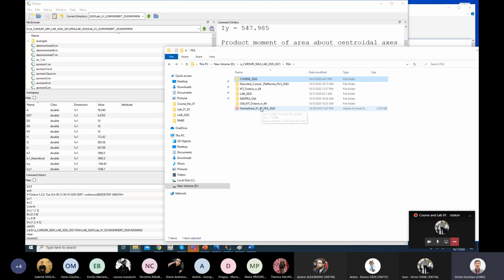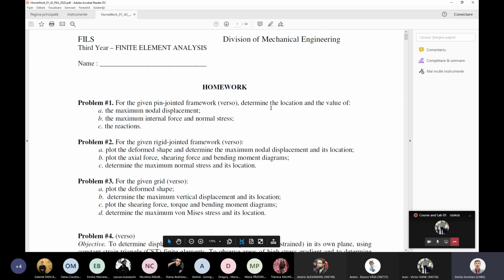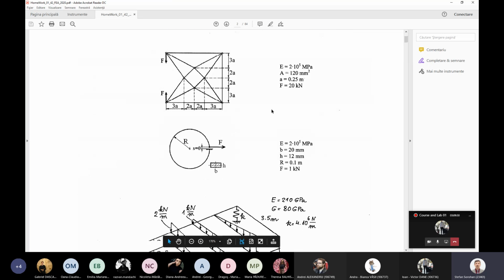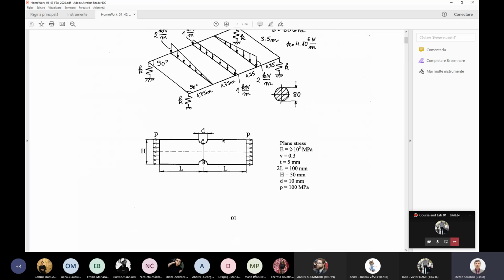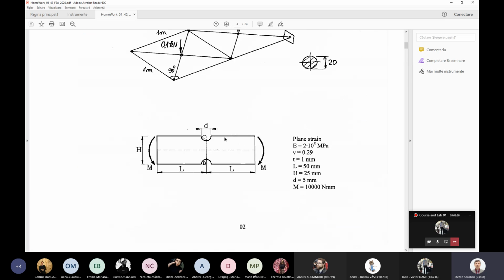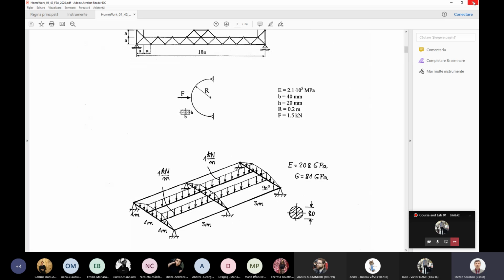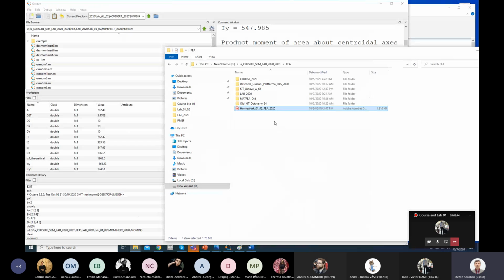So later you will have homework. The homework looks something like that, and there are 4 problems for homework. Yeah, we have a lot, but starting with week number 8, because the homework is part of the final exam.